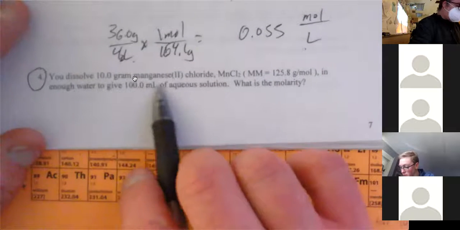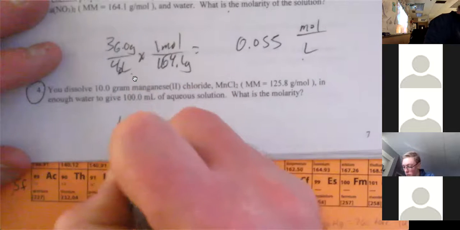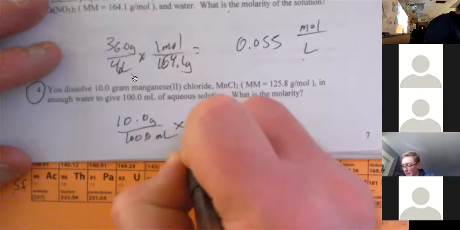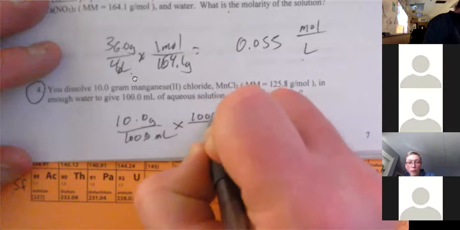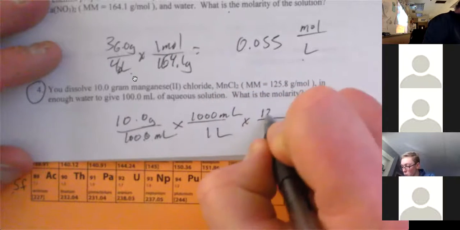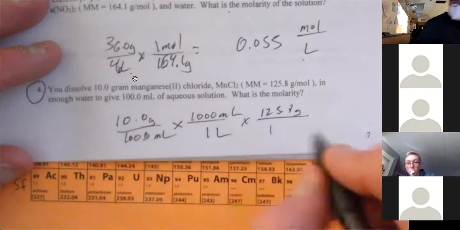You dissolve 10 grams of manganese chloride in enough water to make 100 milliliters of aqueous solution. Every 1,000 milliliters is 1 liter. And every 125.8 grams is 1 mole. Oh, I did that wrong.